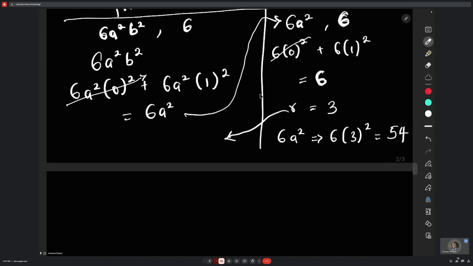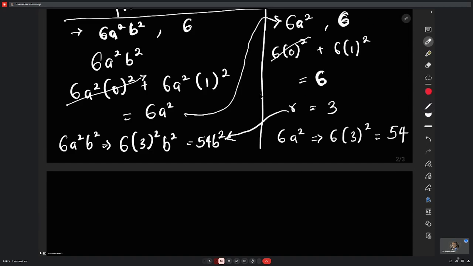And when the verifier sends the random challenge to the prover, what does the prover do? The prover evaluates the initial polynomial at the random challenge, right? So that is 6a squared b squared, which is 54 b squared.